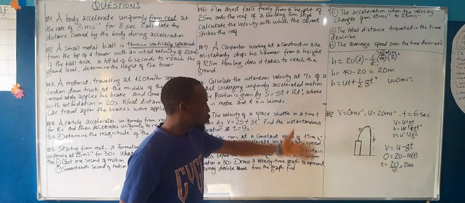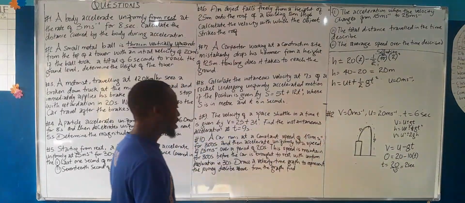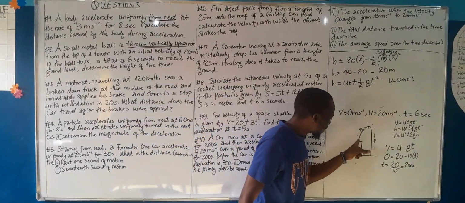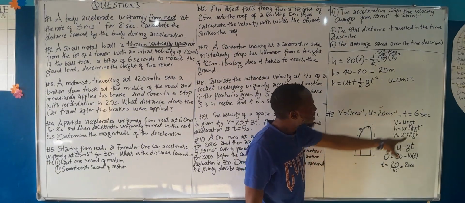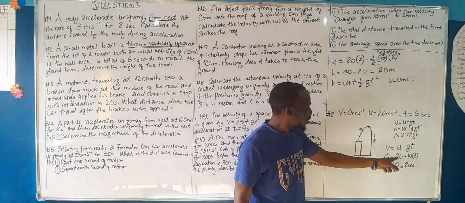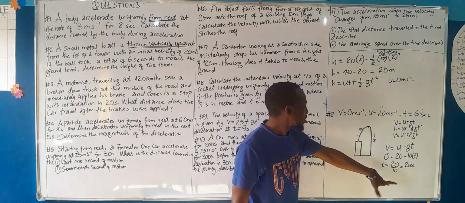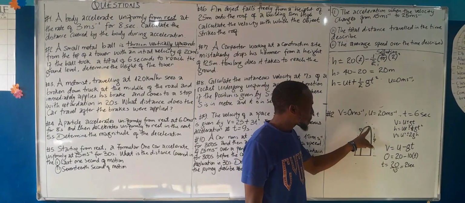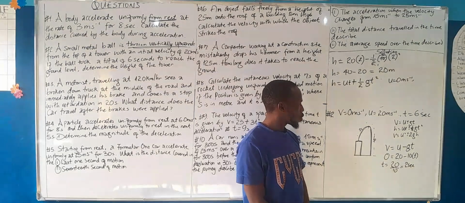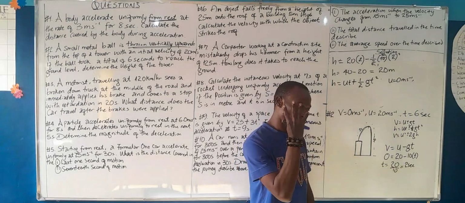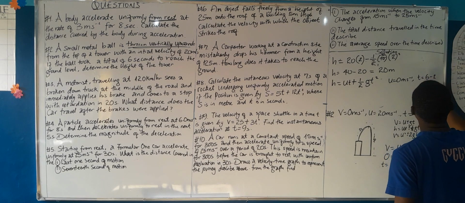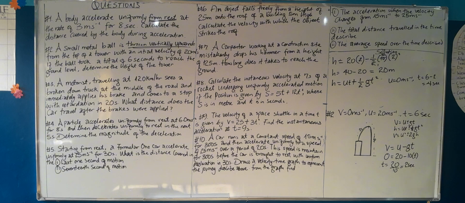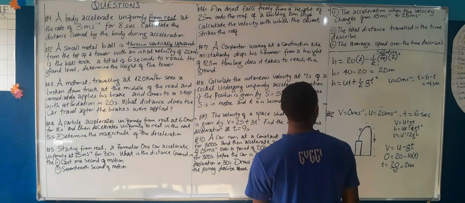Now, I'll ask you, what should be the time? Take note that the time to move from this point to touch the ground is 6 seconds. The reason why we have to define the time is because the time from here to here is 2 seconds. So what will be the time from here to here? That will be 6 minus 2, which is 4 seconds. Now let's put it into the equation.